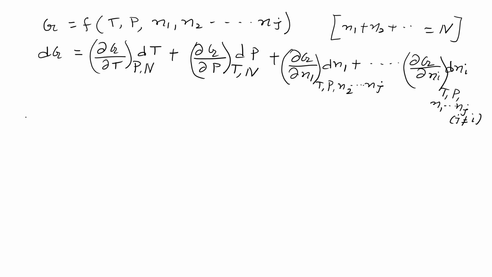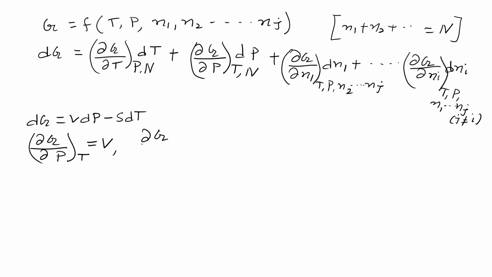Now we know that dG is equal to VdP minus SdT. Then dou G by dou P at constant temperature is equal to V, and dou G by dou T at constant pressure is equal to minus S. We already derived all these things earlier.